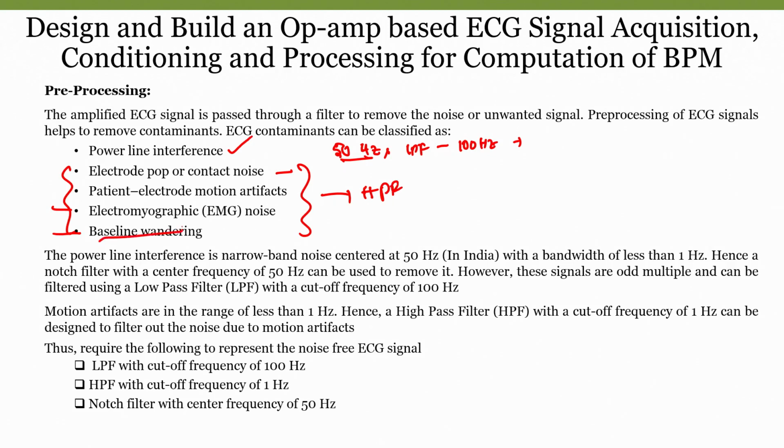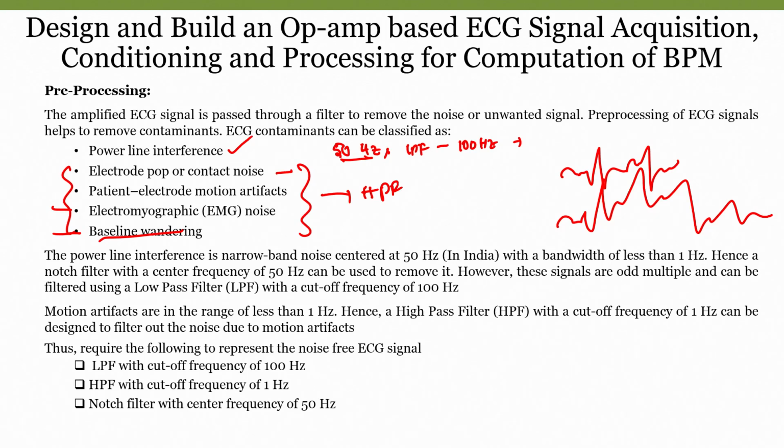What do we mean by baseline wandering? When we see an ECG signal, we should get it on one base, but instead we get it changing in offset, something like this. With respect to the ground it keeps fluctuating, and that is called baseline wandering.